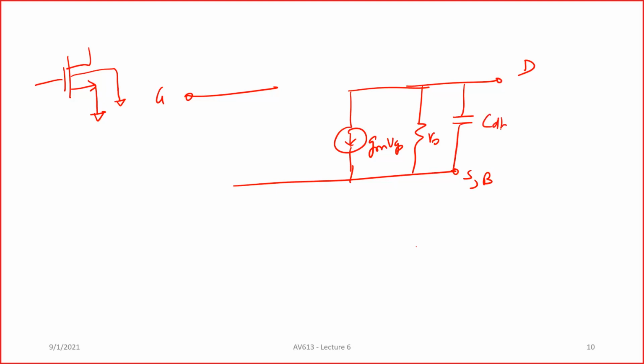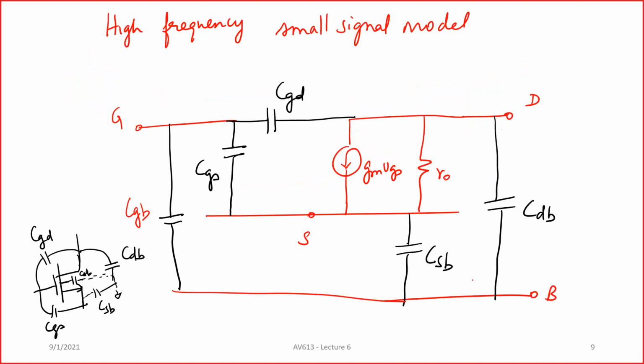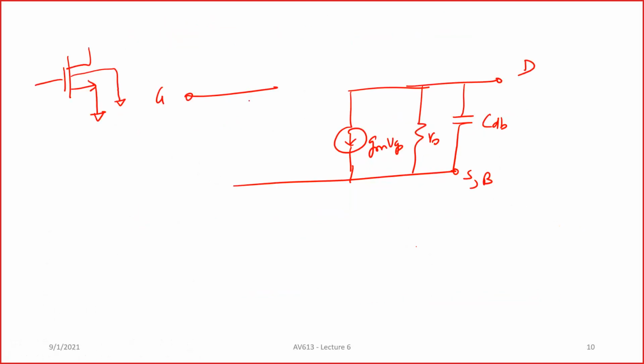The CDB comes between the drain and the source, or drain and ground in this case. Same thing, CGB comes in shunt with CGS, so this becomes CGS plus CGB, and this becomes CDB. In many cases you will encounter it like this, so CSB does not come into the picture at all.